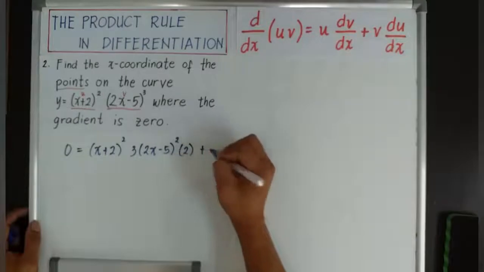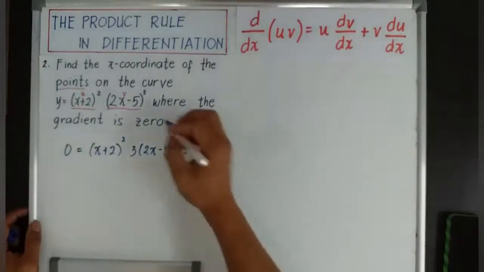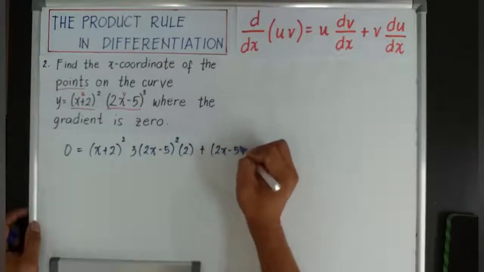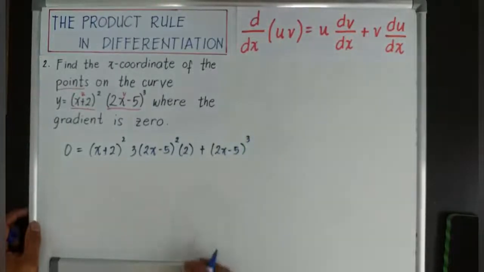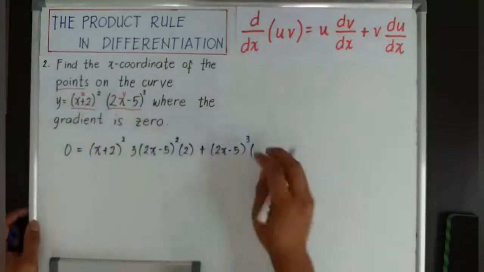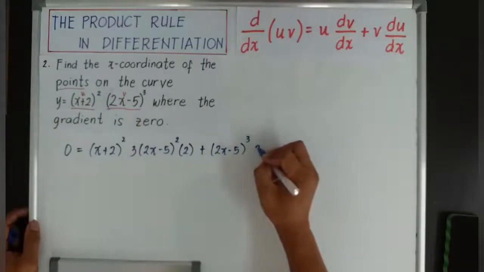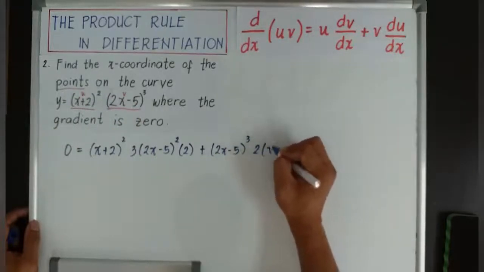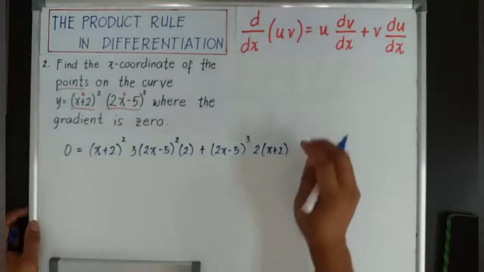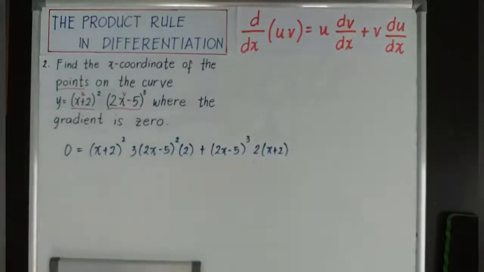Next, plus, what is v? It is 2x minus 5 to the power of 3. Okay, you multiply that with the derivative of this, it will become times 2 times x plus 2 to the power of 1 times 1. So I don't need to write that anymore.